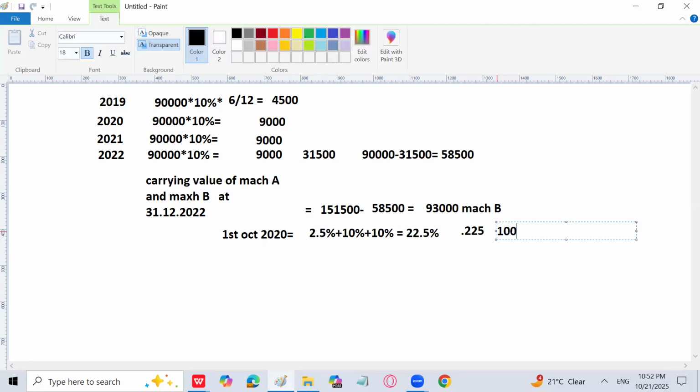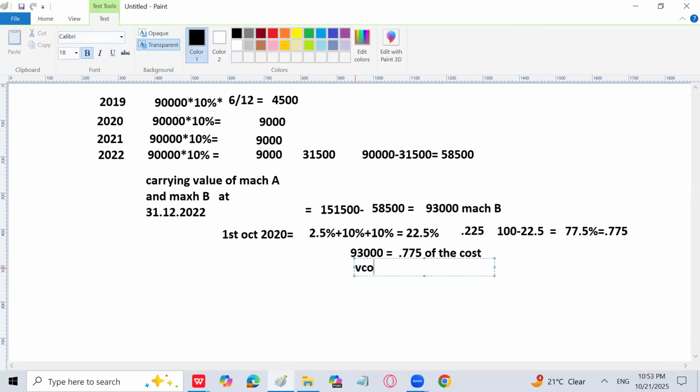From 100%, the asset has been depreciated by 22.5%. So the remaining value is going to be 77.5%, which is 0.775. So this 93,000 is equal to 0.775 of the cost of machine B.